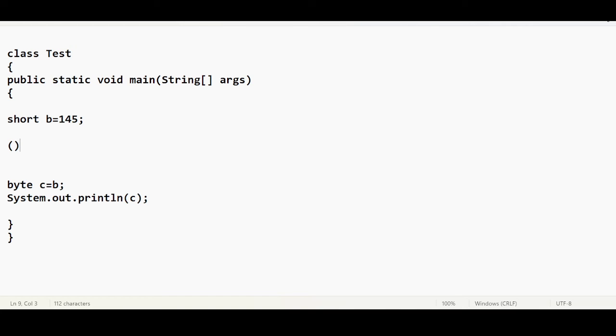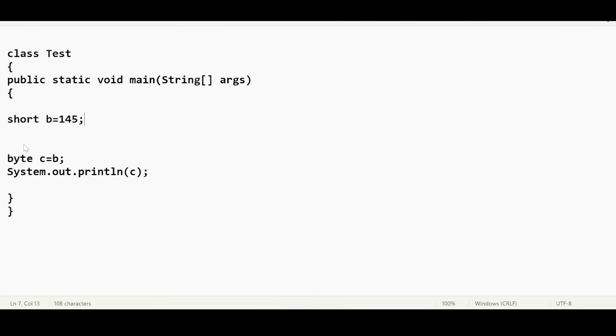Let me repeat. The data type that I am going to use inside should be compatible with the data type of the resultant value, or the value that is assigned to the resultant data type. Right? So the explicit conversion says, let me use this operator. So I'm using byte on the LHS, right? Left hand side, byte.